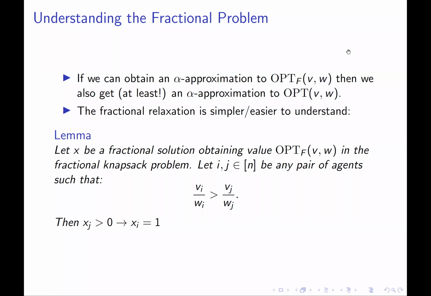I solve the fractional knapsack problem, I get the social welfare maximizing solution, and that solution is X. Then I claim that if I take any 2 agents, I and J, and the value density of bidder I, by which I mean the value of bidder I divided by the size of bidder I, happens to be larger than the value density of bidder J, then it's got to be that if I'm allocating anything at all to bidder J, I have to have fully allocated bidder I.